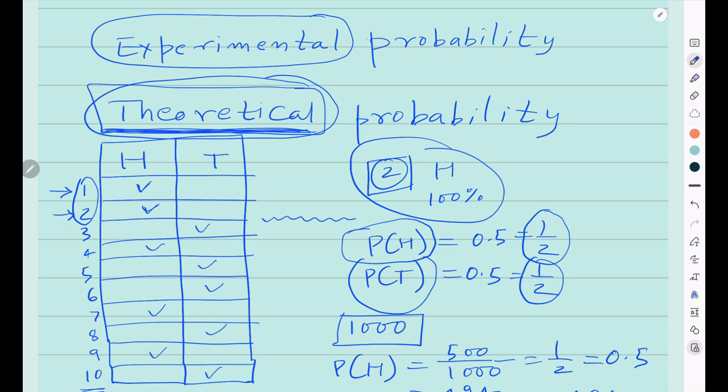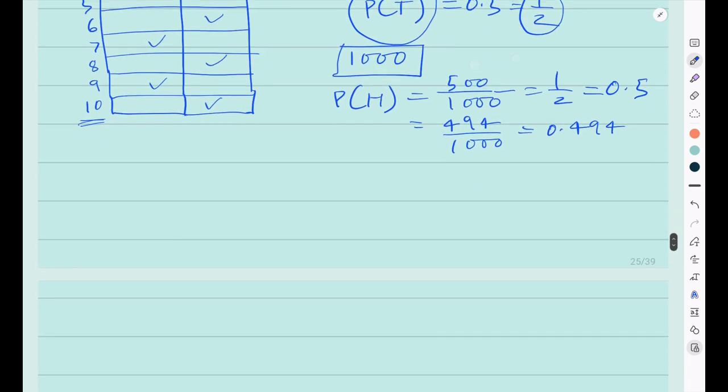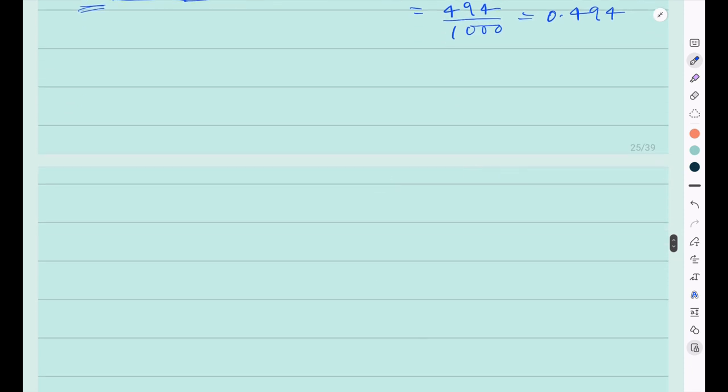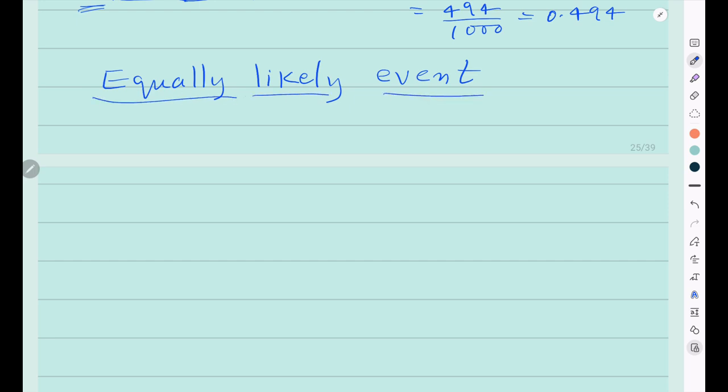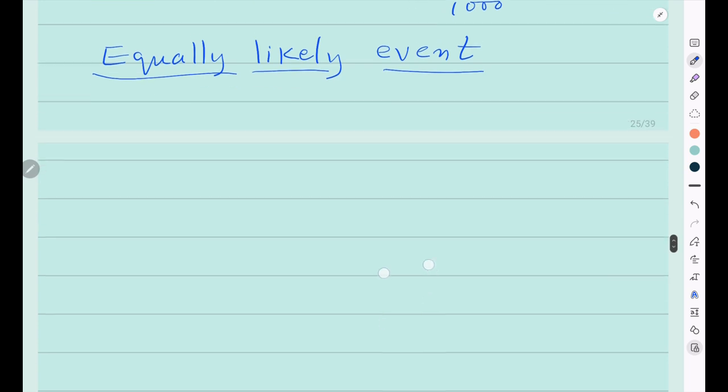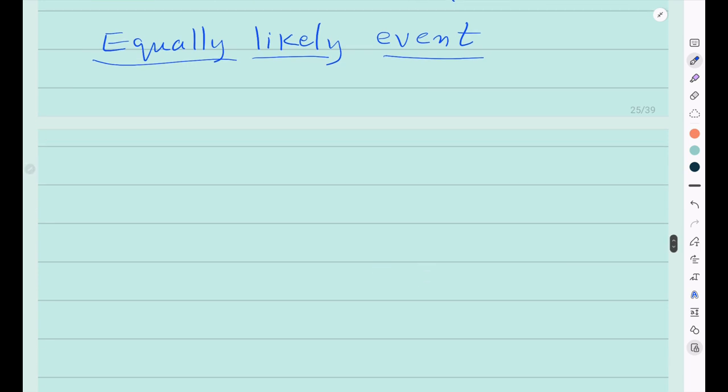Another important concept on which all the probability principles are based is whether the events are equally likely or not. So what is the meaning of equally likely? Again, I will write it down here. An equally likely event is an event whose probability of happening is the same as the other event.